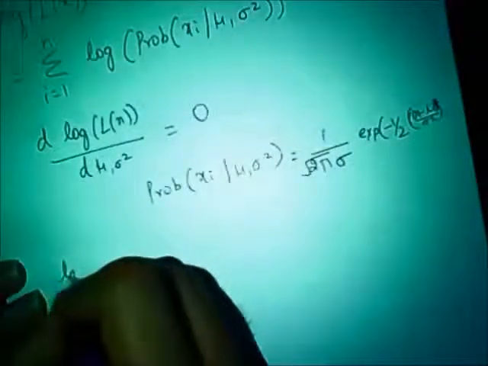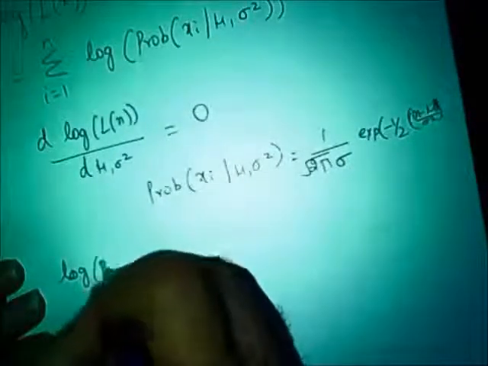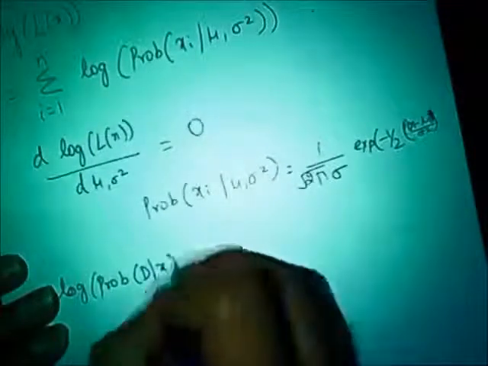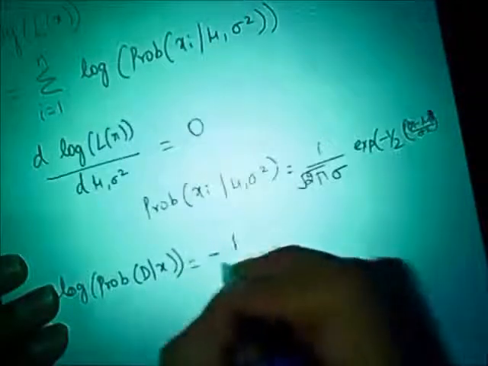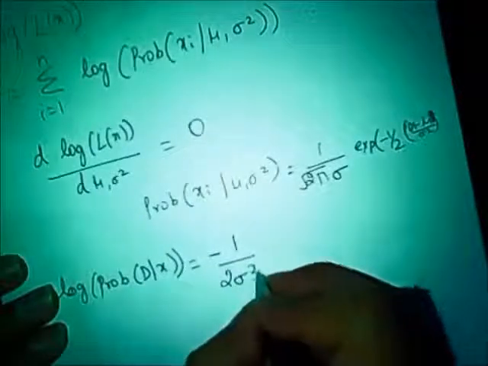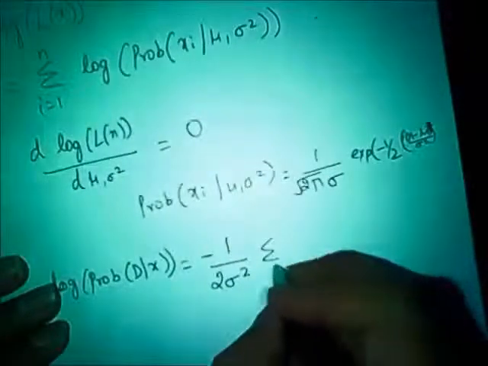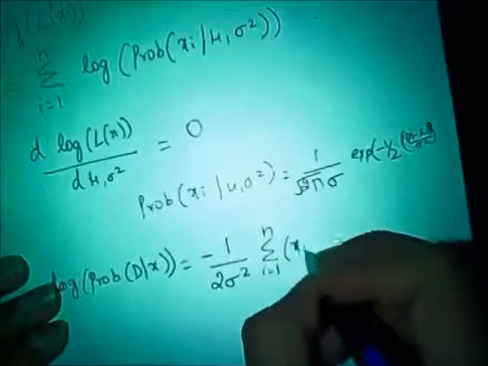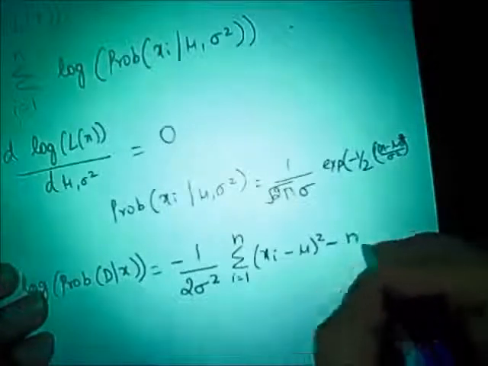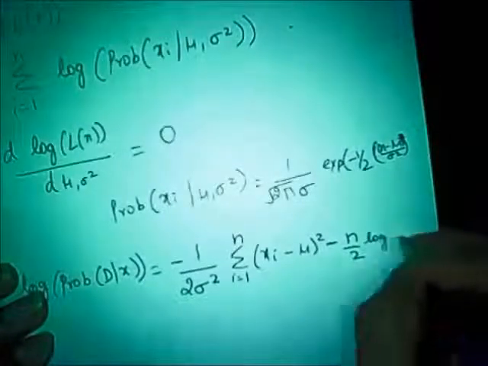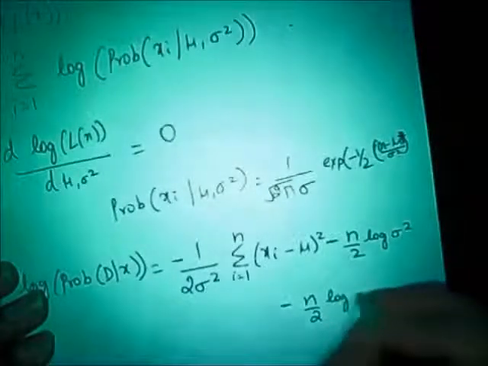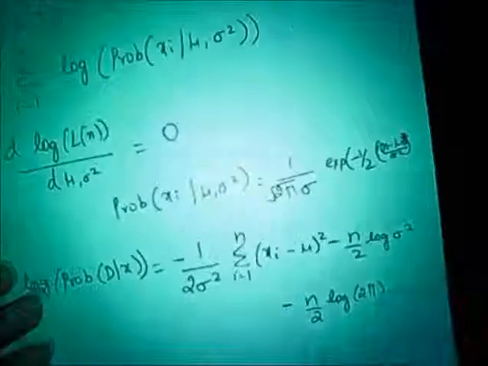It is going to be the summation of xi minus mu the whole squared, minus n over 2 log sigma squared, minus n over 2 log of 2 pi.